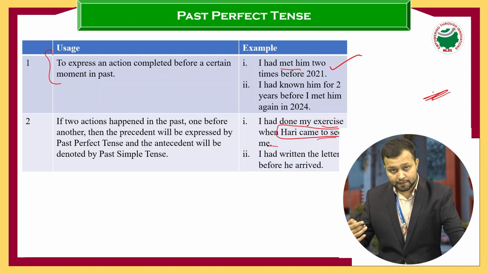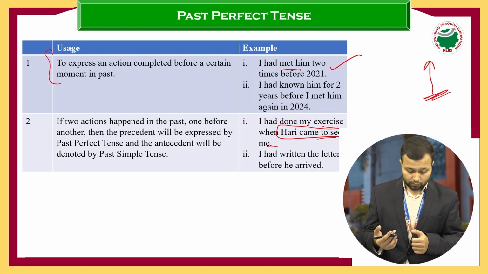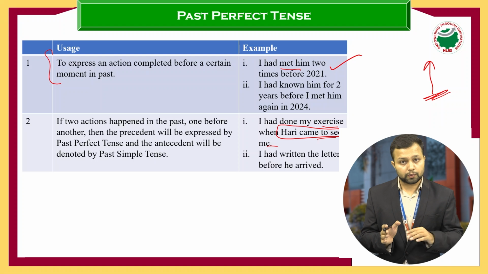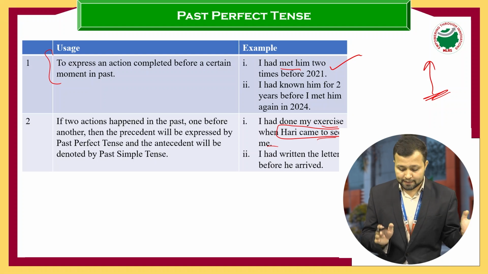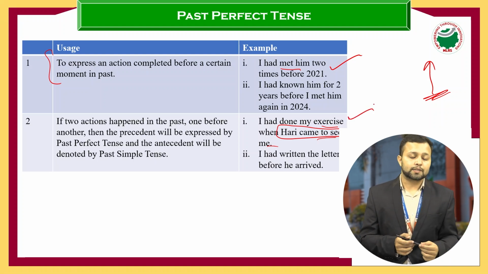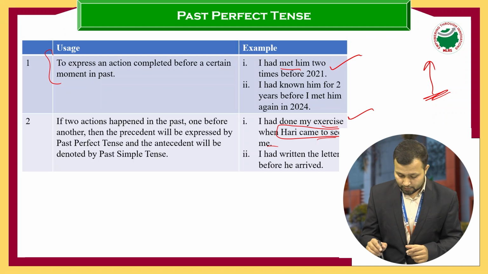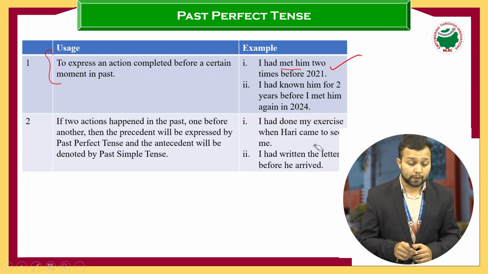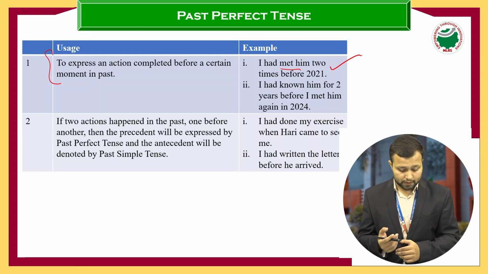This thing happened recently. Before that, I had done my exercise. So two actions happened. The previous action, completion of exercise, is expressed by using past perfect tense, and the recent action, Hari came to see me, we have expressed by using past simple tense.